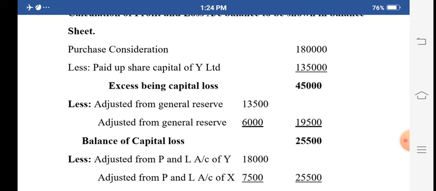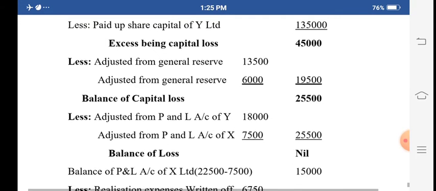We subtract this 1,30,000 from 1,80,000, and the remaining amount is 45,000. Next, from this capital loss we adjust the general reserve: 13,500 related to Y Limited and 6,000 related to X Limited. The total of 13,500 plus 6,000 is 19,500. We subtract this 19,500 from 45,000, and the remaining amount is 25,500.